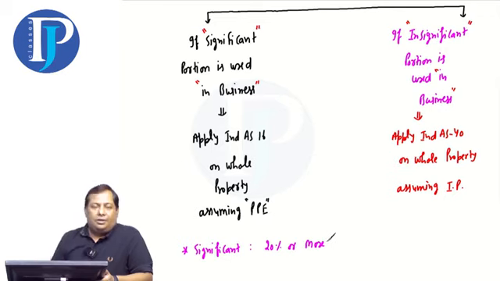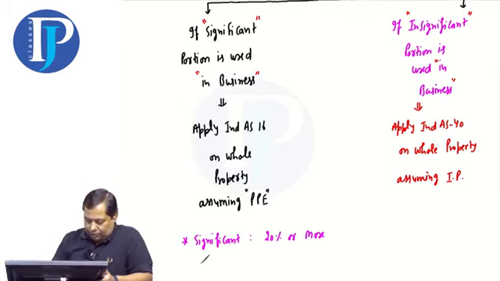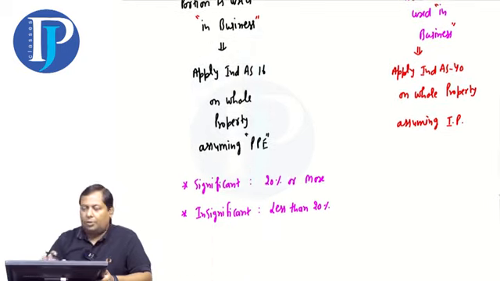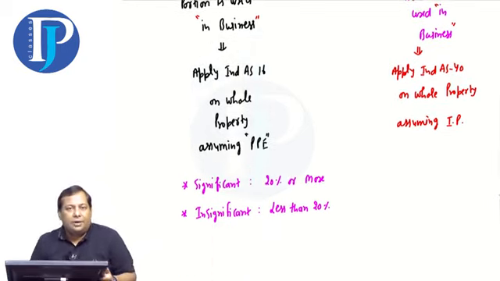We will ignore the let out. Okay. Less than 20%. So, whole concept, it's a mixed property case.